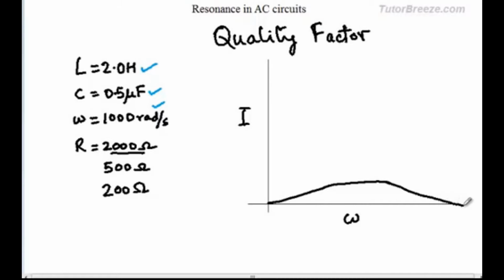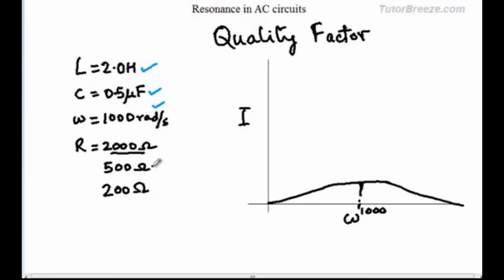Now you can see that at very low frequencies and at very high frequencies, the impedance Z is going to be very large, so the current is very small. The current is almost zero. Whereas at some value in between, which is the resonant frequency, and which in this case is 1000 radians per second, the value of the current has a maximum value.